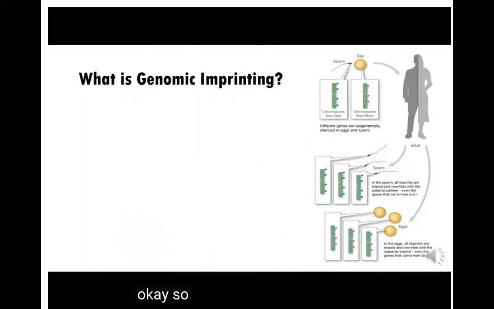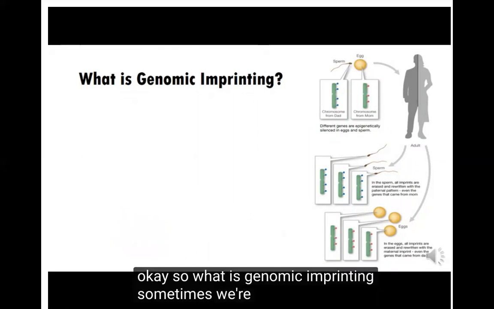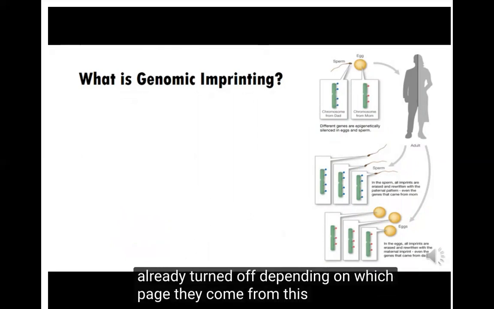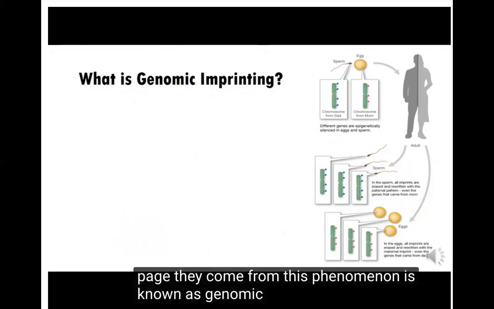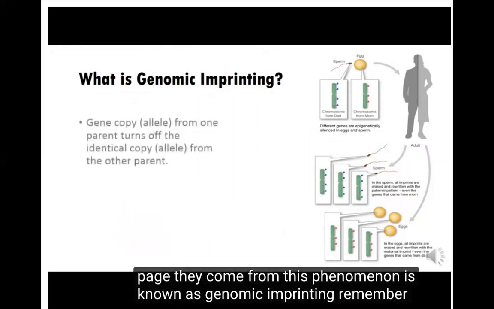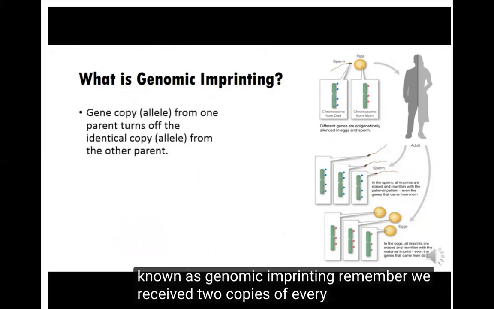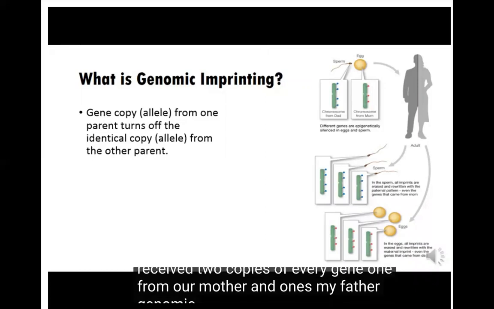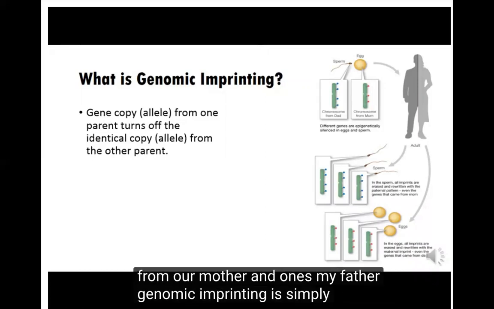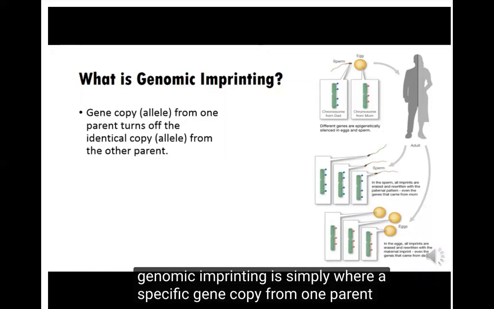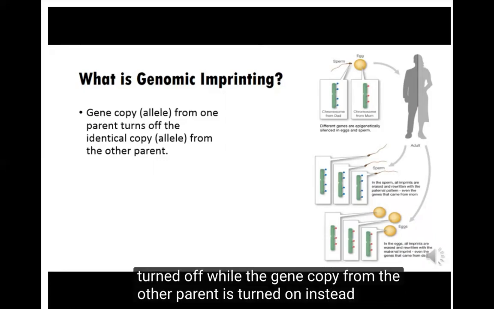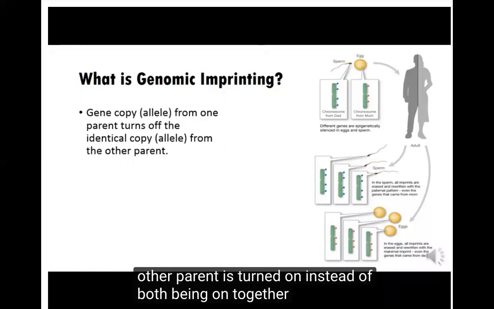Okay, so what is genomic imprinting? Sometimes we're born with genes that are already turned off depending on which parent they come from. This phenomenon is known as genomic imprinting. But remember, we receive 2 copies of every gene, one from our mother and one from our father. Genomic imprinting is simply where a specific gene copy from one parent is turned off, while the gene copy from the other parent is turned on, instead of both being on together.